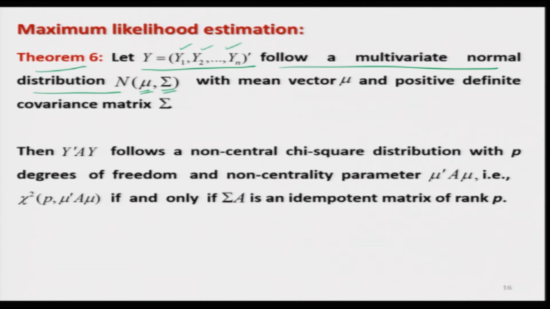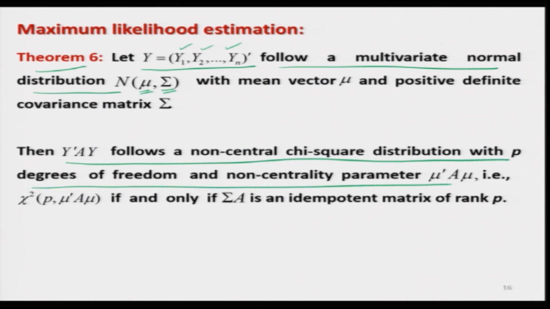Then y transpose A y follows a non-central chi-square distribution with p degrees of freedom and non-centrality parameter mu transpose A mu, indicated as chi-square with p degrees of freedom and non-centrality parameter mu transpose A mu. This holds if and only if sigma into A is an idempotent matrix of rank p.